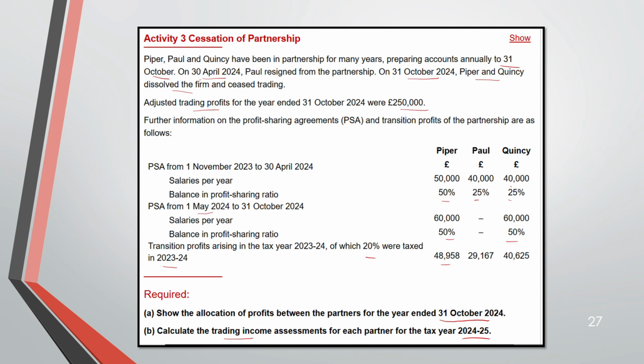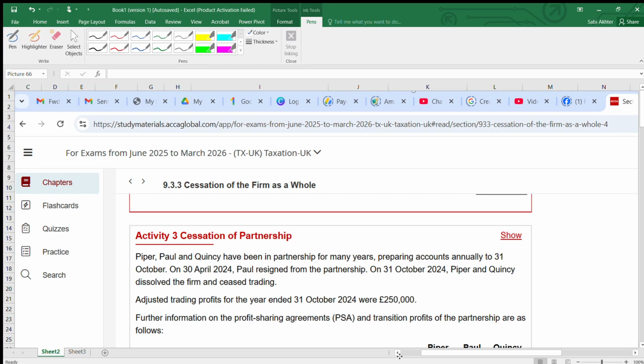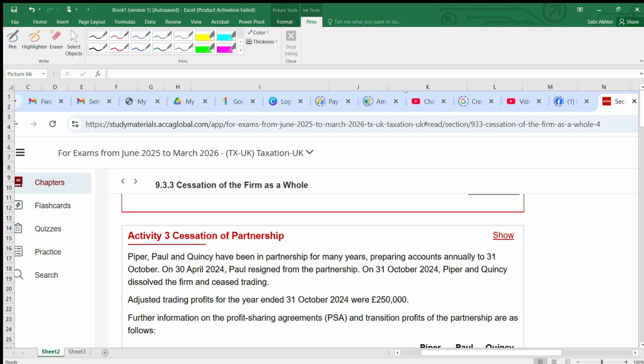So now let us solve activity 3. For this, we have to draw the table for the 3 partners.